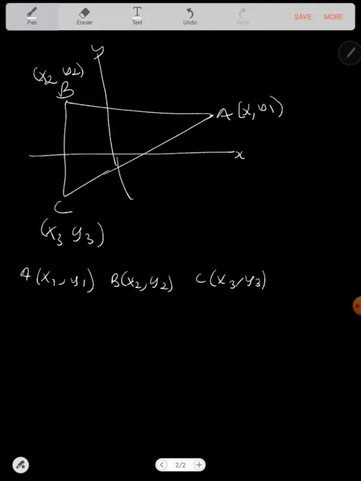When we list these, this is how you can come up with a formula. You say it will be half, then you list: you start with x1, then x2, then x3, then at the end you also put x1. Then start with y1, y2, y3, then at the end you put y1.